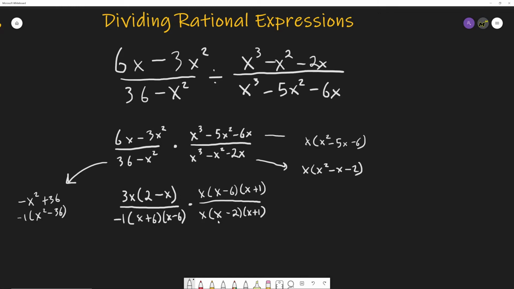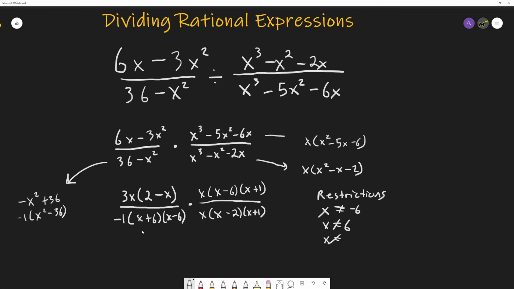Before we start canceling out, this is a good time to list our restrictions. Let's take a look at our denominator. Again, we can't divide by 0, that'd be bad news. So x cannot equal negative 6, x cannot equal positive 6.